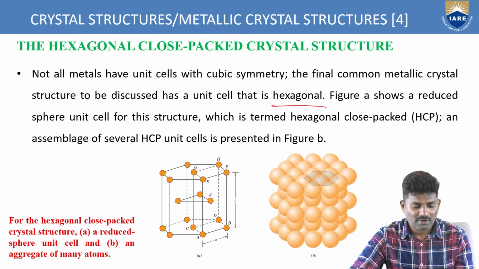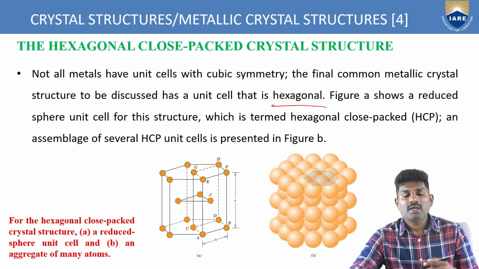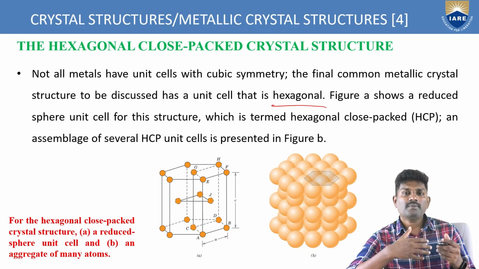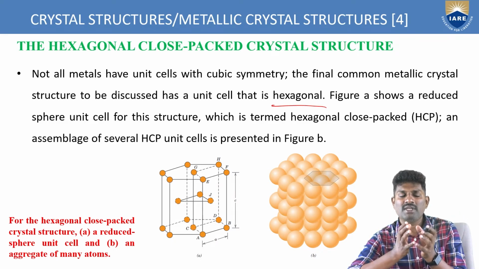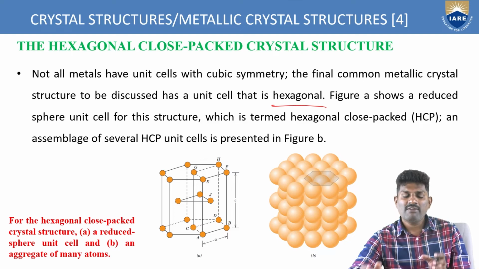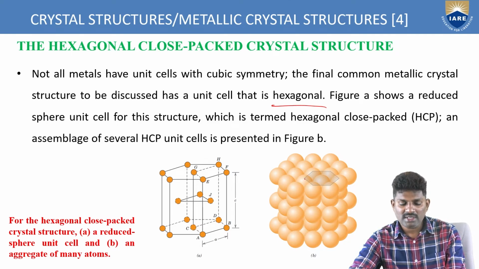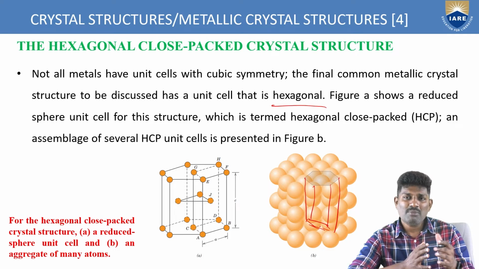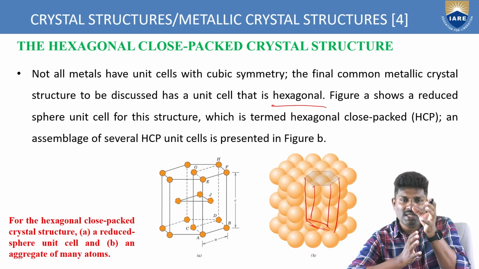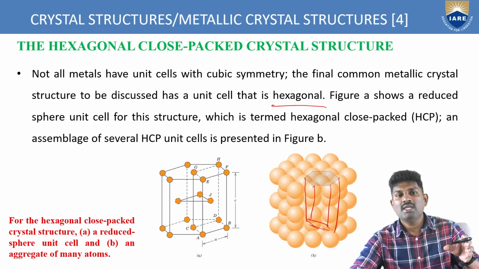And this is an assembly of several HCP unit cells. Again, just as we have seen different unit cells which are closely packed, and from that we take a small unit cell, in the same way here also, if you drop these lines, you have a hexagonal shape. So you have a number of hexagonal unit cells, but we are taking only a single unit cell to represent the structure.